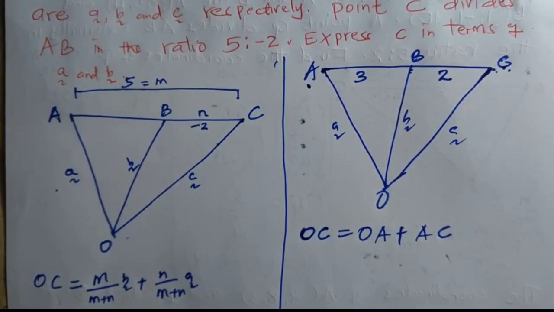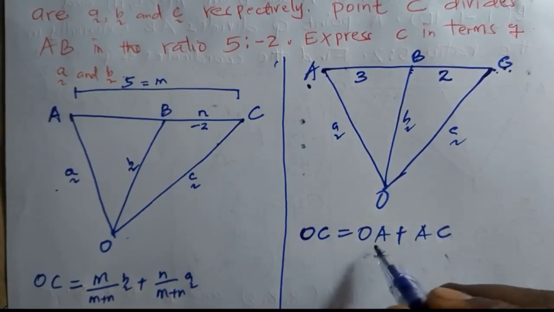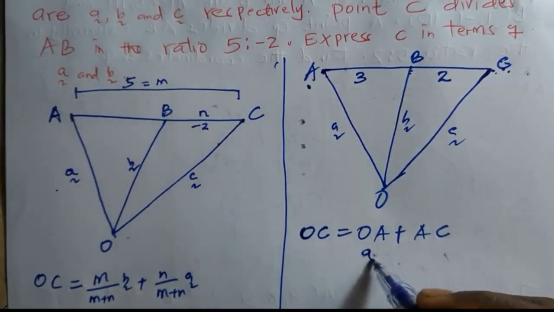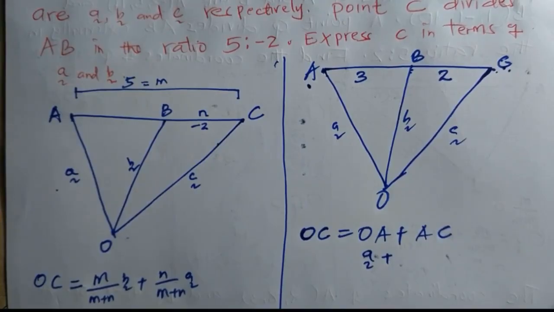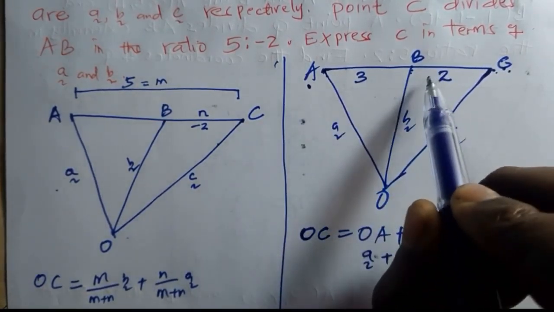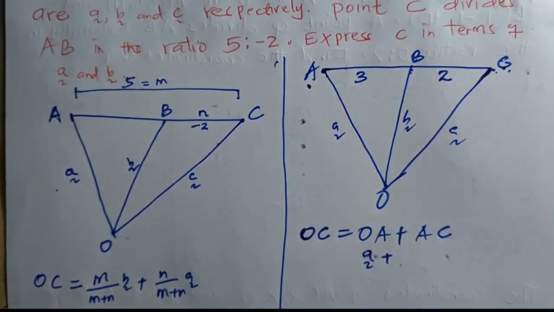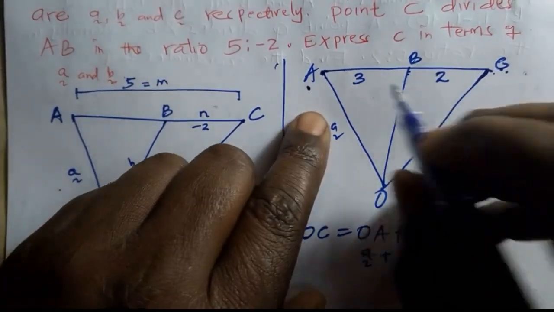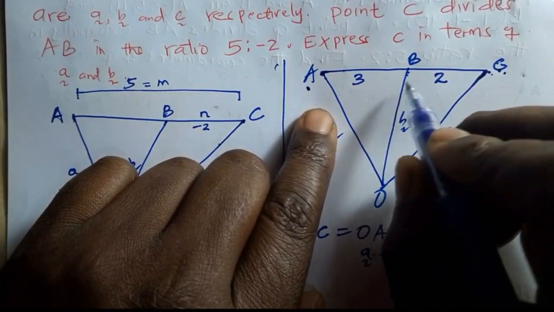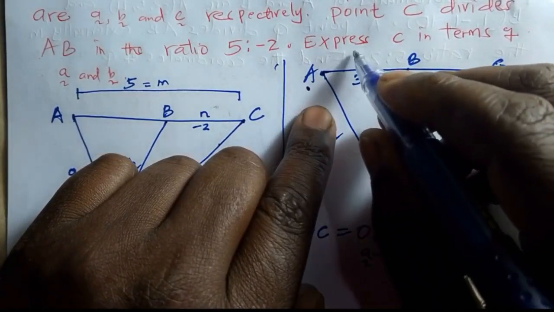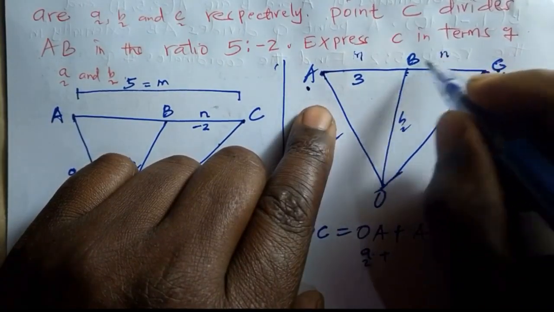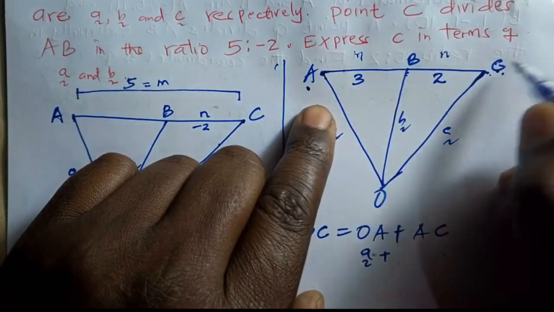Therefore, we know OA. So OA is in vector A plus AC. But what is AC? That is now where you need to understand. Remember, the total, this was negative. I want you to know that. Remember, this was minus 2. For as long as it is external, this is negative. So the total A, M plus N here, total is not going to be 5.